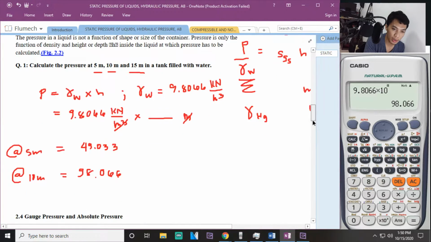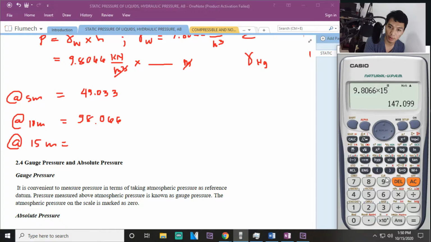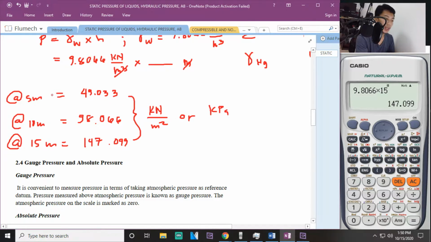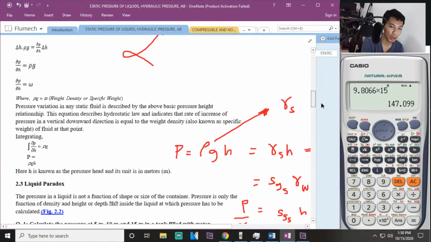At 15 meters, multiply na lang natin yan ng 15. That is 147.099. All in kilonewton per meter squared or kPa. Now, makita nyo, di ba? At different depths or habang lumalalim siya, tumataas yung pressure. Okay? So, that will be all for the pressure calculation.